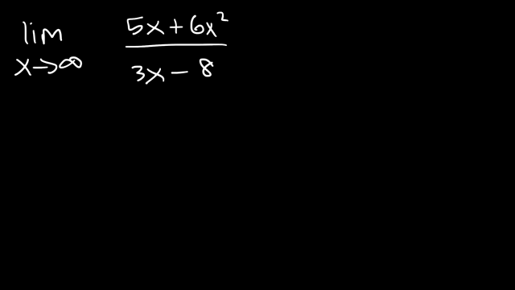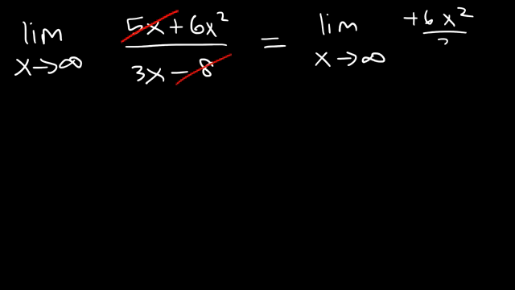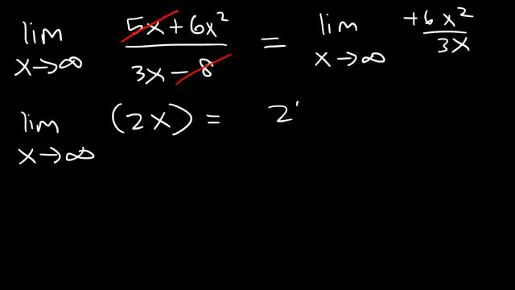In the numerator, the insignificant term is 5x. 6x squared has much more weight than 5x. On the bottom, 3x is more significant than negative 8. So this expression is equivalent to the limit as x approaches infinity of positive 6x squared divided by 3x. And then that reduces to 2x. So this is going to be 2 times infinity. So your final answer should be positive infinity.